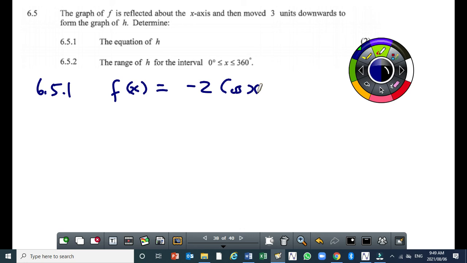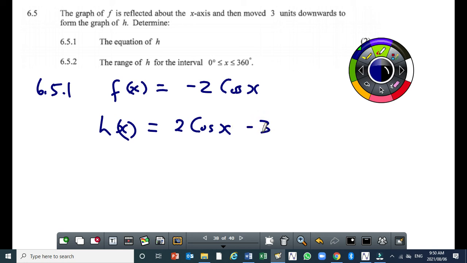This graph has got a maximum turning point. If you reflect it about the x-axis, the negative sign disappears, right? So you end up having h of x equal to 2 cos x. That's the reflection part. Then you now need to translate this by 3 units downward. So you are subtracting now 3 from it.